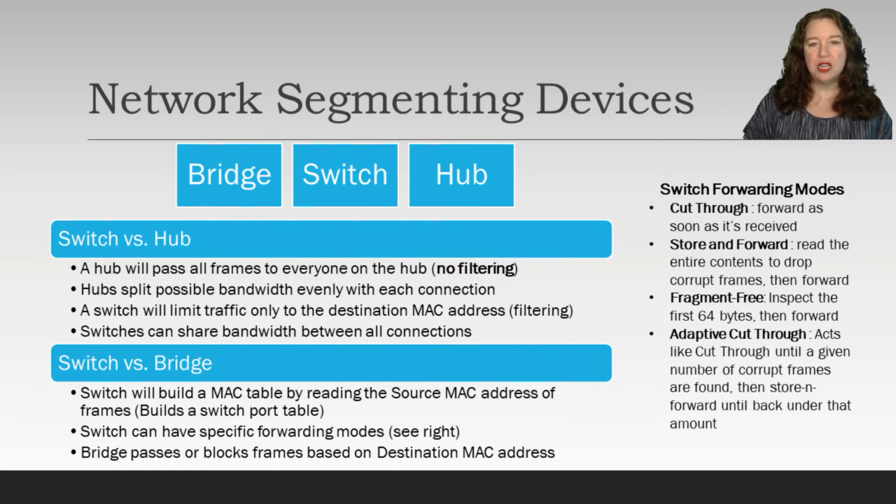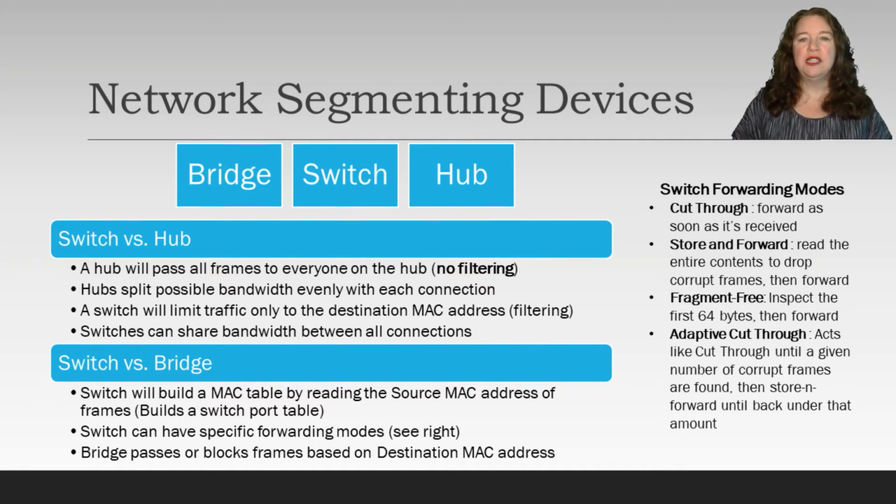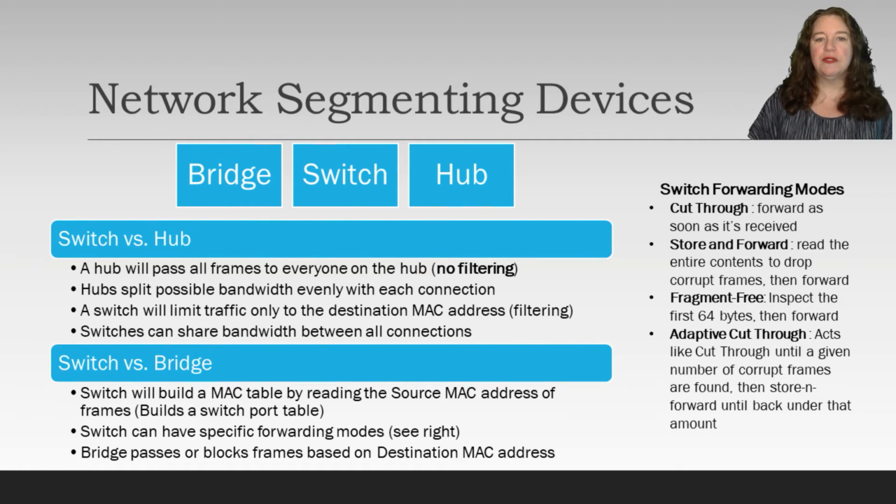But switches will build a switch port table where they read the source MAC address to figure out what the MAC address is of the device that's sending it and start building a table so they know which one is which, which allows it to forward intelligently. It doesn't take as much effort. Bridges go and look at a MAC address table and figure out where am I sending it. You don't have to do that if you've already internally built your switch port table. The switches are a little faster.